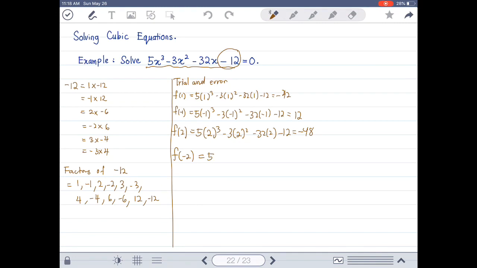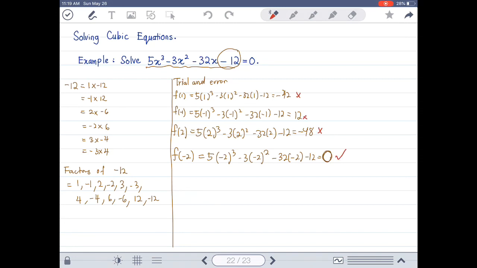So we will have 5 times negative 2 cubed minus 3 times negative 2 squared minus 32 times negative 2 minus 12. And we'll get 0. So this is the answer.